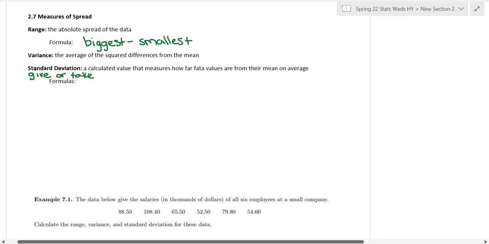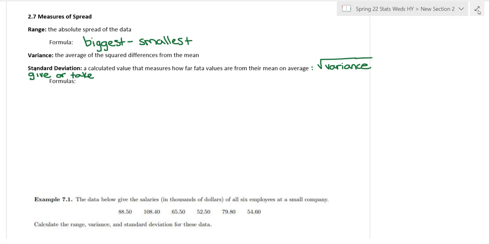And then the standard deviation is always going to be the square root of the variance. So we're just going to write here square root of variance. So you're going to actually do the variance calculation, and then you're going to take the square root of it to get your standard deviation. I'm going to give you the formulas, and like I told you before, they are on the formula sheet, so you don't have to memorize them.